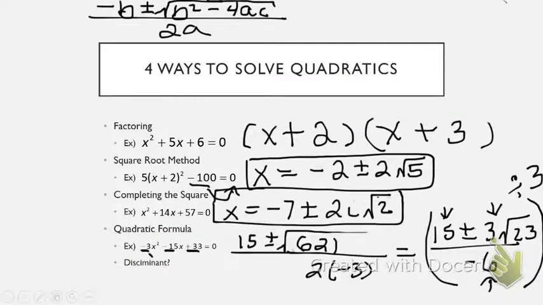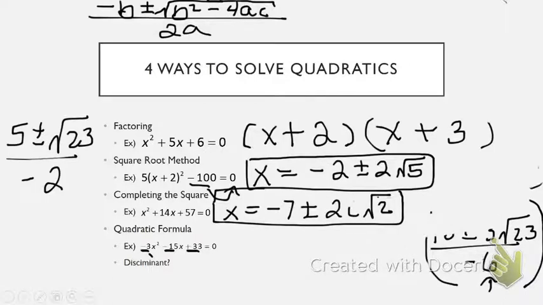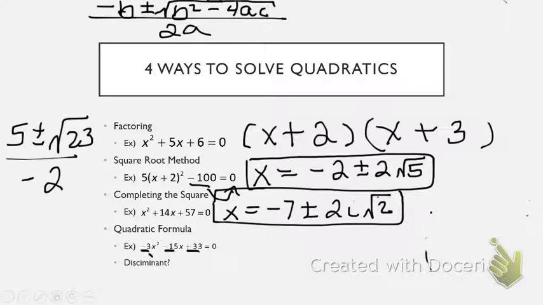This becomes 5, 15 divided by 3 is 5, plus or minus the square root of 23, 3 divided by 3 is 1, all over -2. So, I'm going to erase this and put this down here. 5 plus or minus the square root of 23 all over a -2.